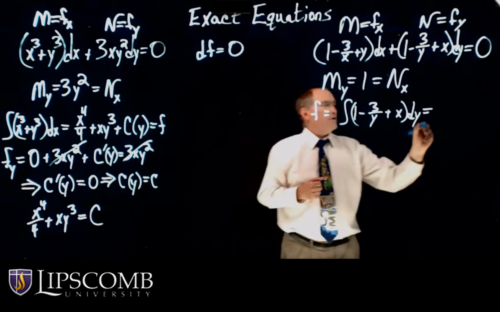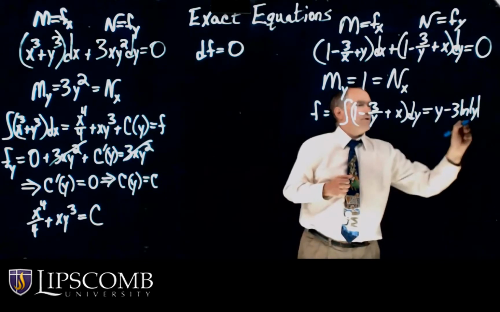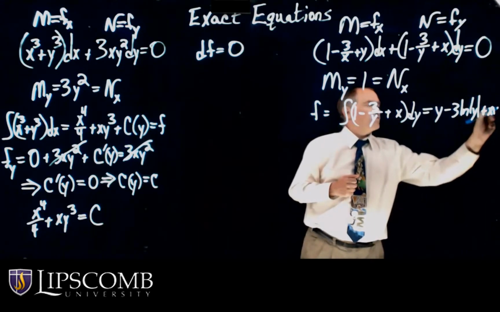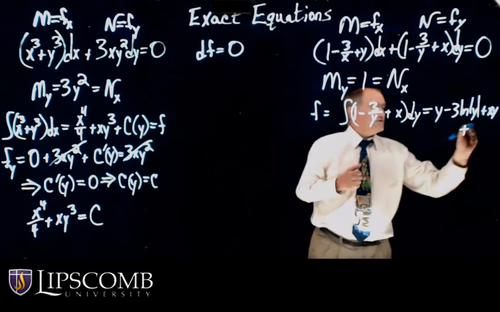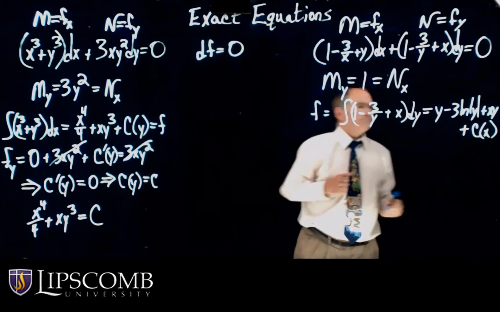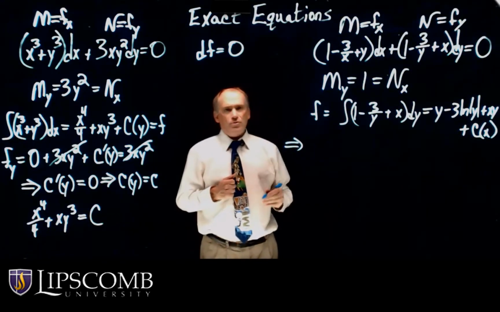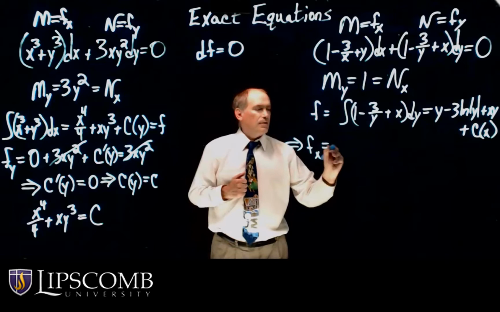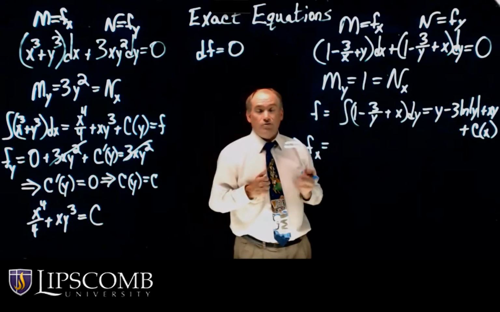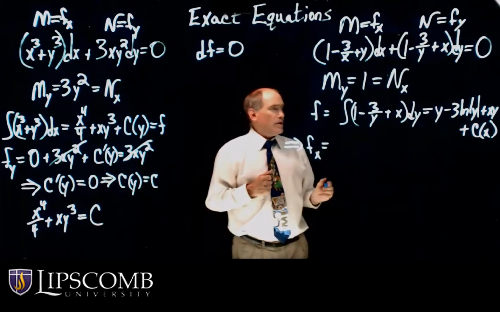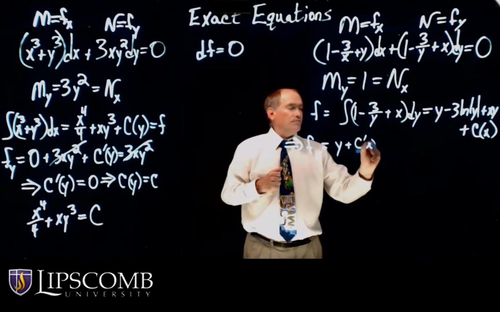So therefore this would become y minus 3 ln of absolute value of (y plus x) times y plus, again, a plus c, but the c this time is a function of x. So that's my f. So now let's take the partial of f with respect to x. The partial of f with respect to x, these all have y's in them, so they're constants, so the derivative of a constant is 0. So I would get plus y plus c prime of x.